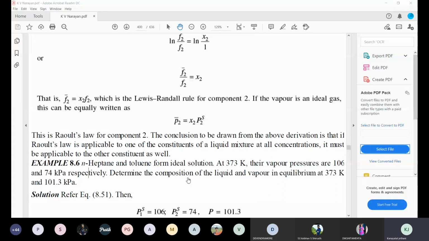Once you know the value of x1, you can find out y1 or y based on Raoult's law. Calculate to 3 decimals, because if the measurement is converted to percentage, it becomes 85.3.